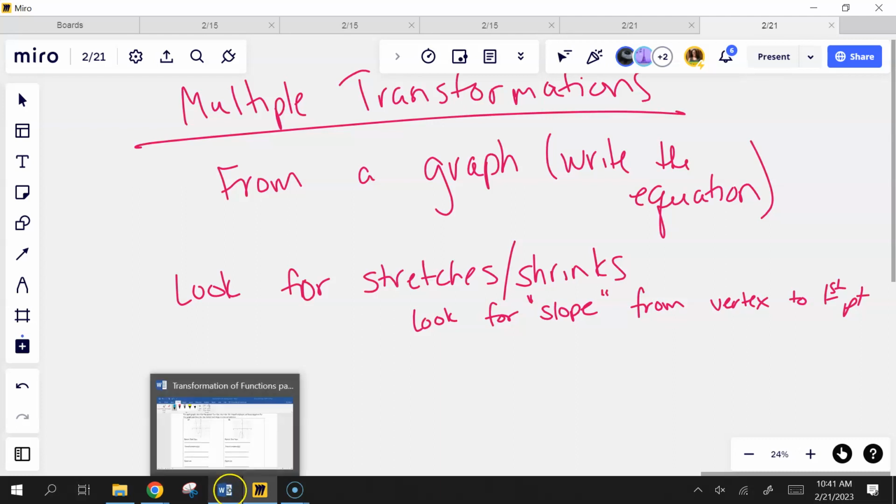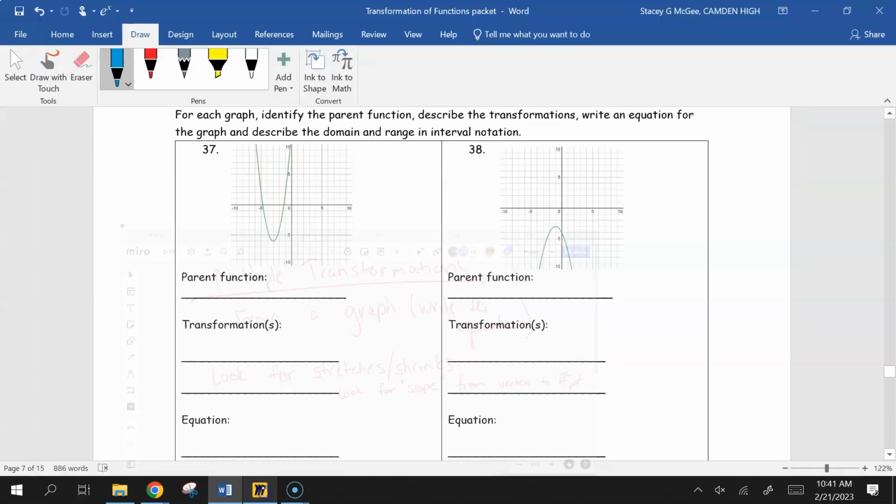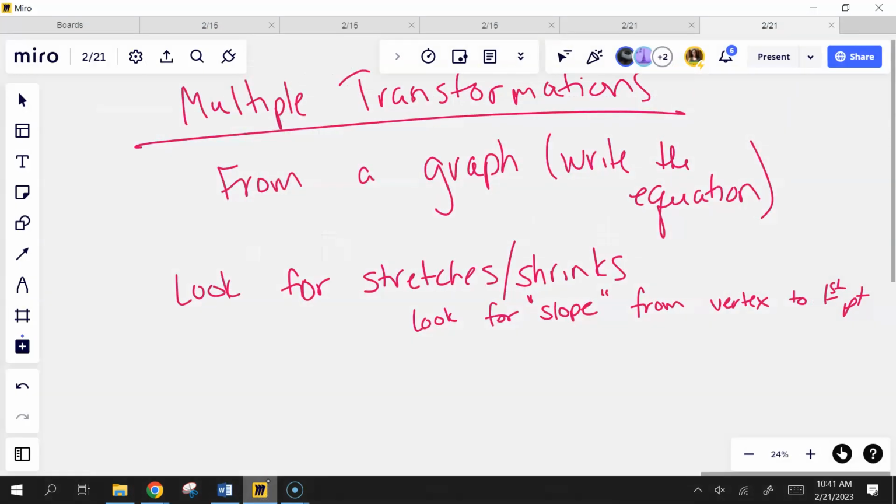Okay, so I'm going to walk through this first one with you on your packet so that you can see exactly what I'm talking about. Oh, sorry. I'll give you a chance to copy that because I had some of it already written. To the first point you can find on the graph.